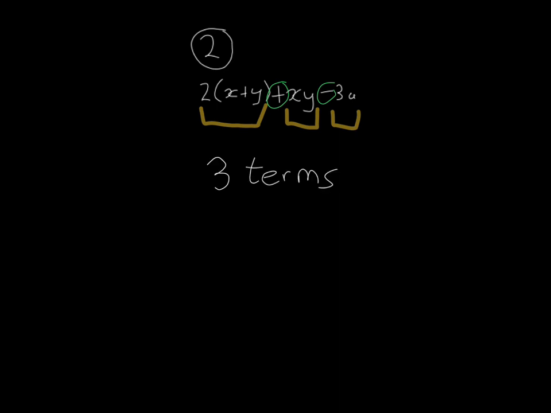I understand that for this example in particular, there is a plus in the brackets over here. Because this plus is within the brackets, it does not separate terms. We still regard this entire piece over here as one term.